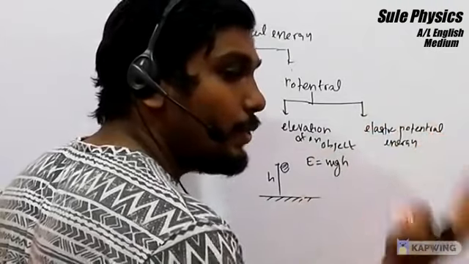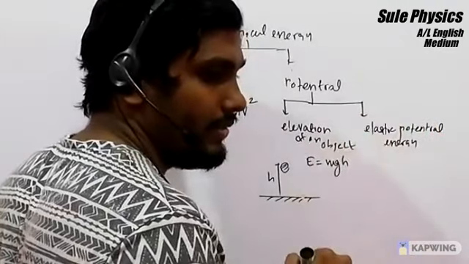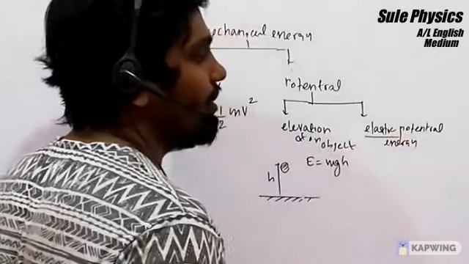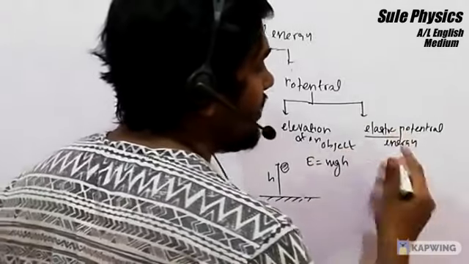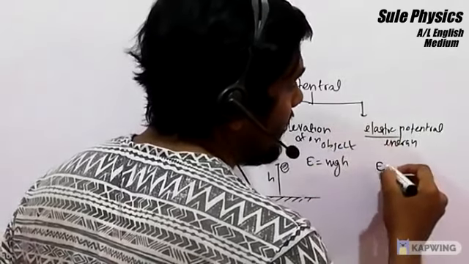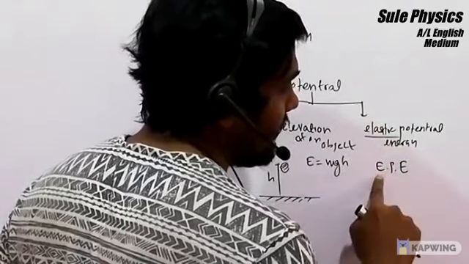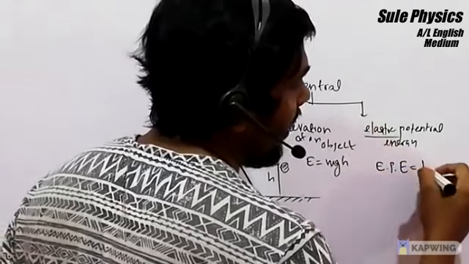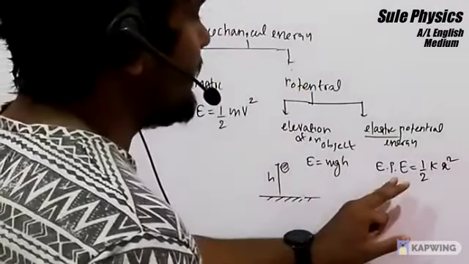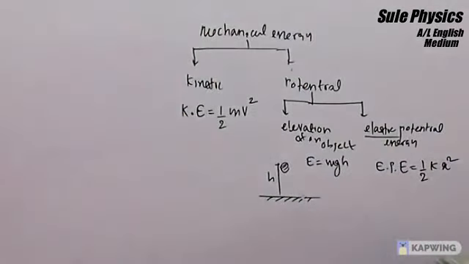A kind of energy is stored inside the object. That energy is called elastic potential energy. The equation that we use to find elastic potential energy is EPE, elastic potential energy, equals half kx squared. So I'll quickly explain this part and then I'll quickly solve that.